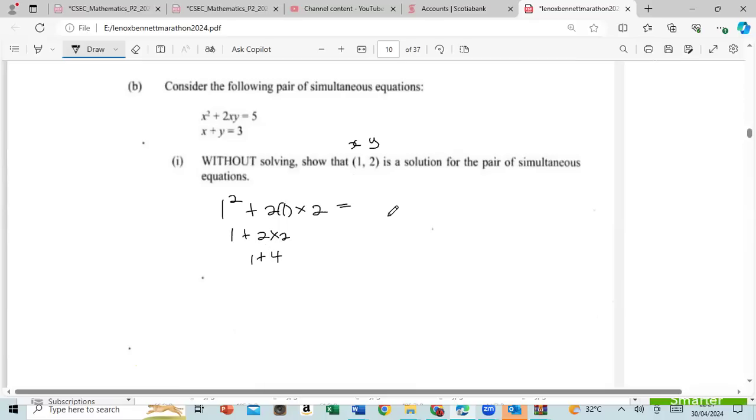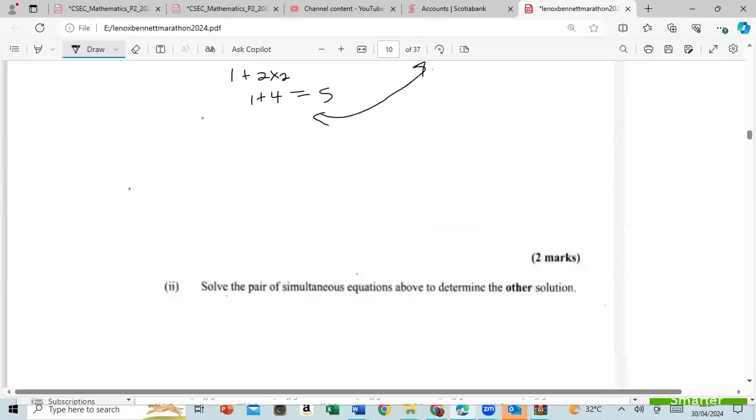So you just give them back what they gave. And then, for the second equation, 1 plus 2 is 3. But I think they're going to ask if you solve it. I will show you guys that tomorrow.